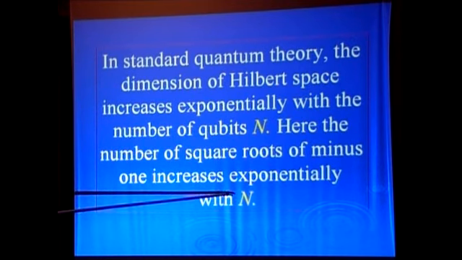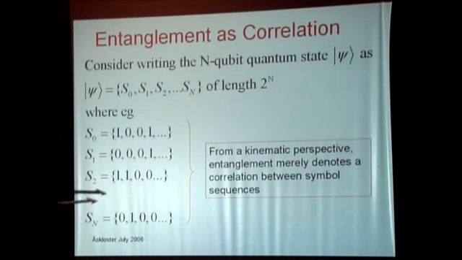So this is really the main point here. When we come to think about tensor products and so on in quantum theory, I guess the corresponding thing in my own picture would be where the state vector is a set of these symbol sequences, and if the system is entangled, it merely means there is some correlation between the symbols.